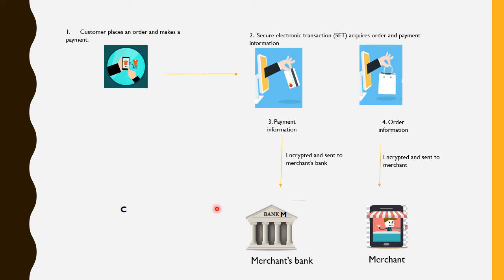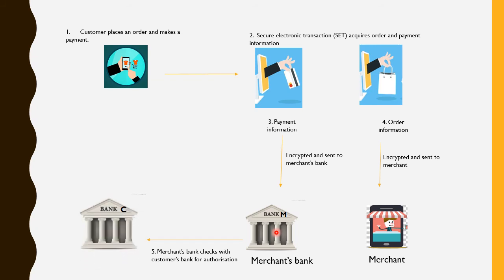Now what we need to understand here is whenever we are making any transaction online, we're going to have two banks involved in this particular case. The first bank is going to be the merchant's bank, where the money is going to be collected and sent to the merchant for the transaction made. The other bank is going to be the customer's bank.